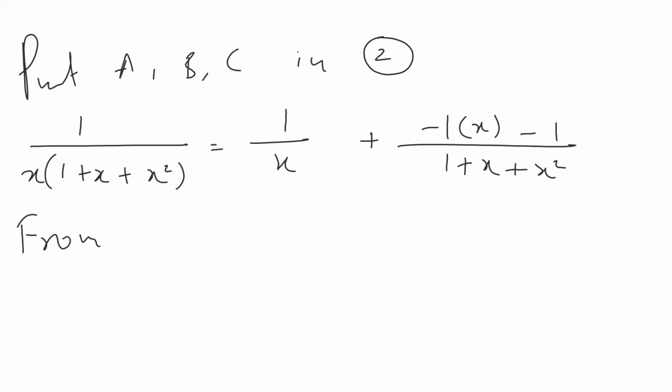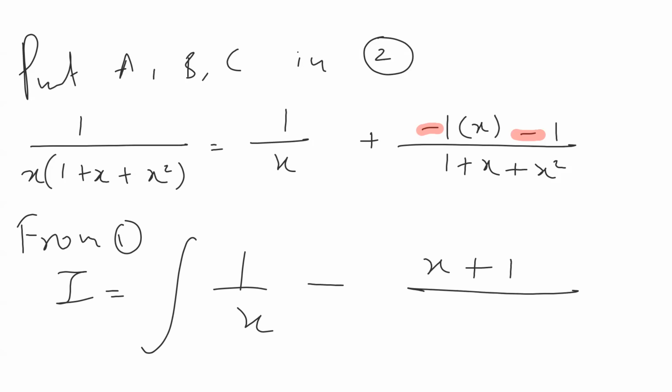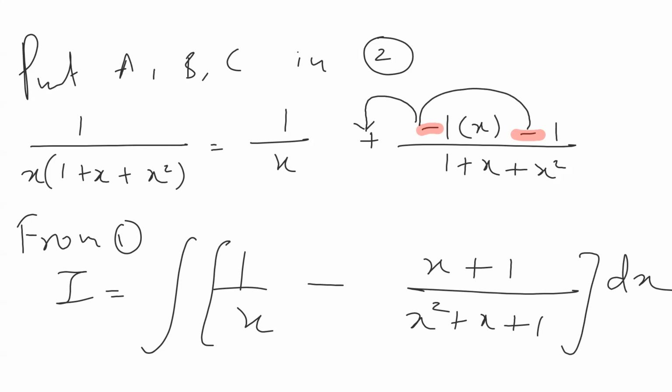So from 1, integration 1 upon x. Let's take this minus sign common and write minus over here. So this will be x plus 1 upon x square plus x plus 1. This minus sign I've taken common and I'm putting it over here.